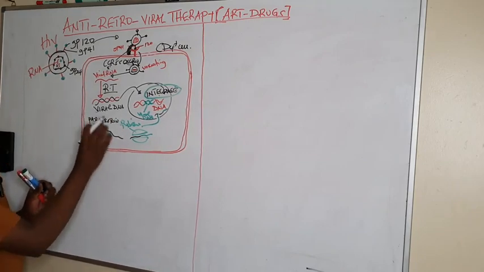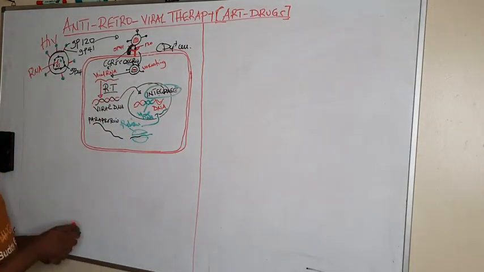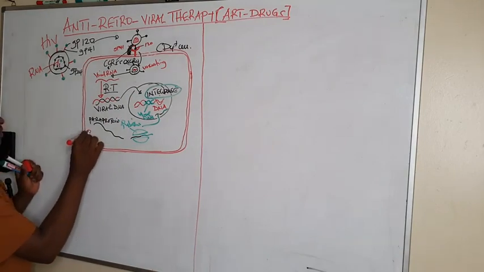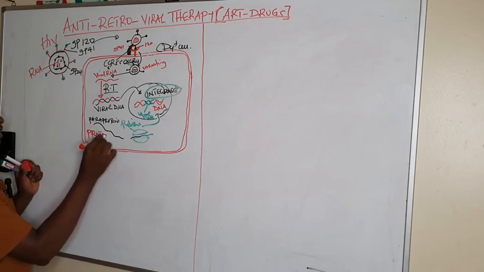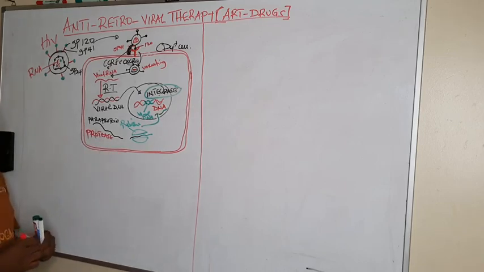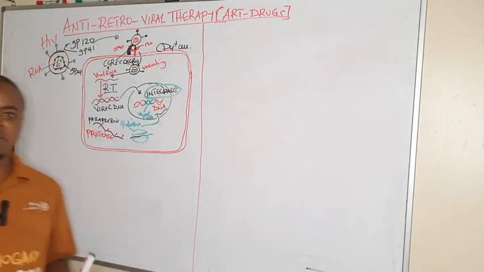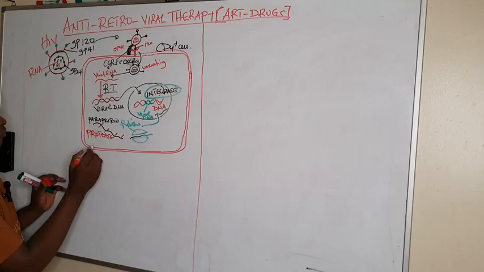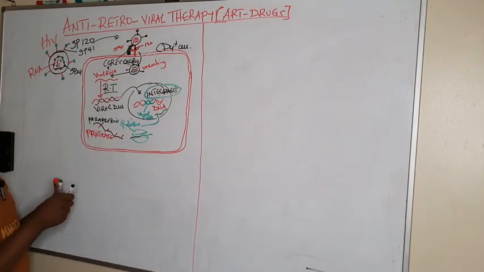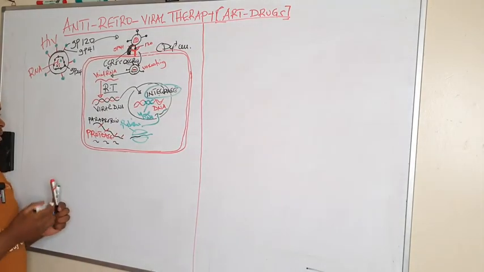So after forming this long polypeptide chain commanded by messenger RNA from the virus, we are going to see an enzyme known as the protease. This protease enzyme is from the virus, the HIV virus. It is going to come and start cutting this polyprotein into fragments which are functionally active and structural, so that we are able to form the structural and functional smaller proteins which can undergo assembling by forming also the envelope.